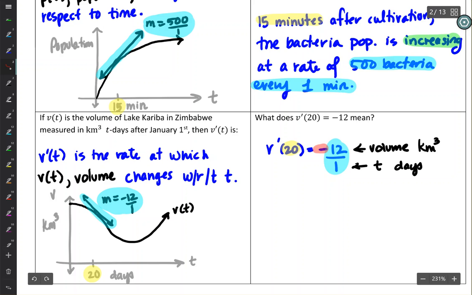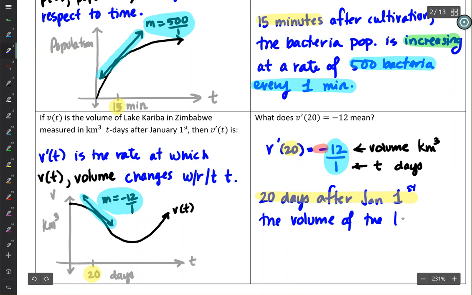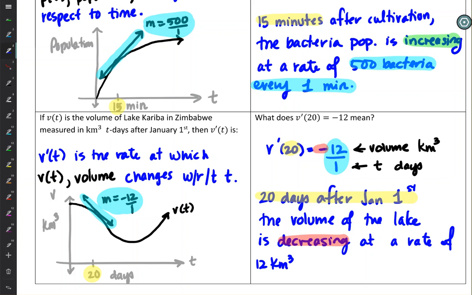And it's decreasing at a rate of 12 cubic kilometers every 1 day. 20 days after January 1st, the volume of the lake is decreasing at a rate of 12 cubic kilometers every 1 day.